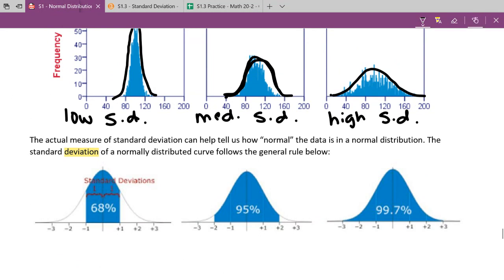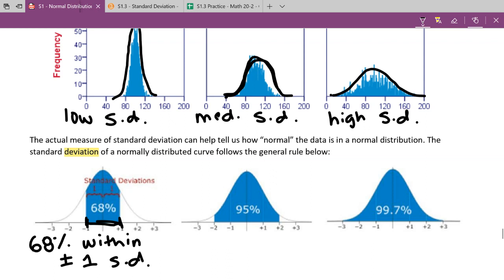Within one standard deviation, right, if I go down by one standard deviation and up by one standard deviation, whatever that numerical measure happens to be, the amount of values that fall in between those make up 68% of all of the data we've covered. So 68% of the data is within plus or minus one standard deviation.